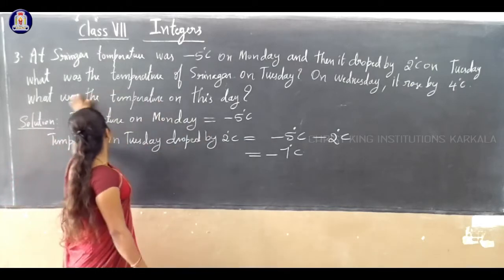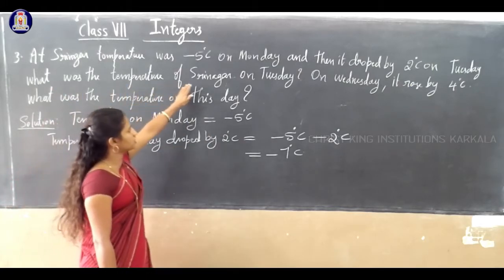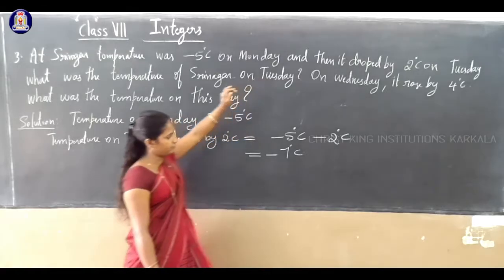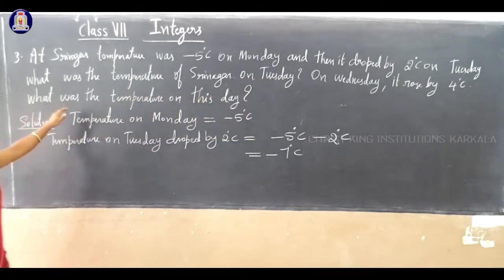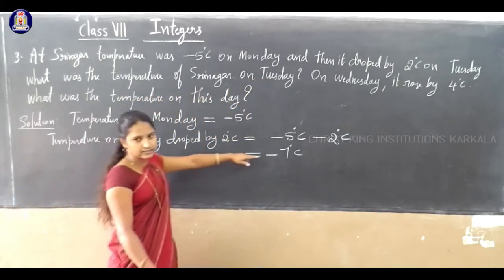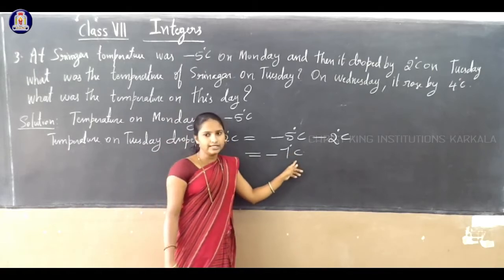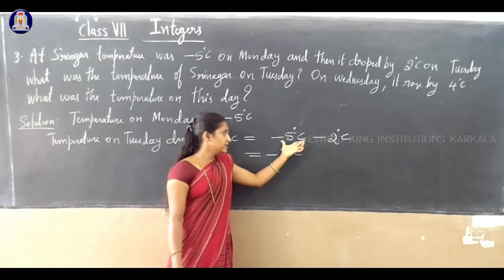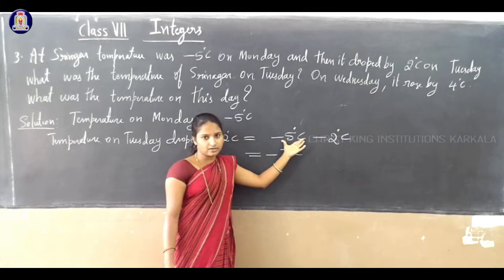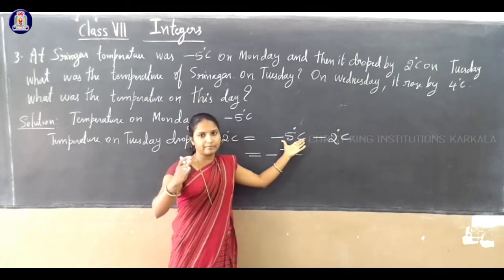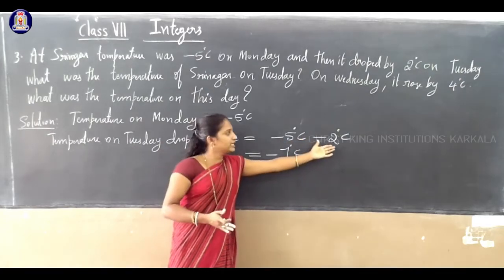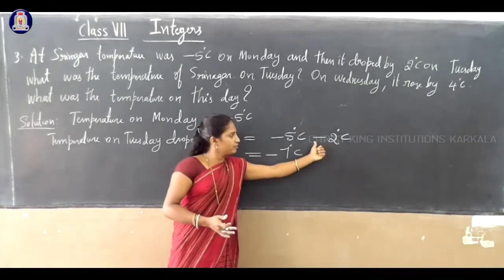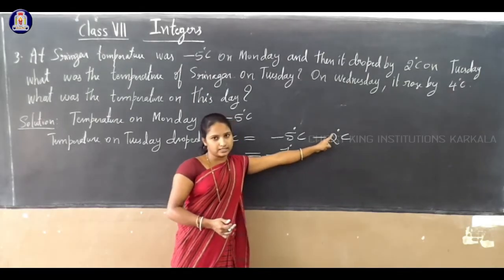So what is the question? What was the temperature of Srinagar on Tuesday? Therefore, the temperature of Srinagar on Tuesday is minus 7 degrees Celsius. Clear? Already the temperature is minus 5 degrees Celsius on Monday. Then again the temperature dropped by 2 degrees Celsius, so you write minus 2 degrees Celsius.